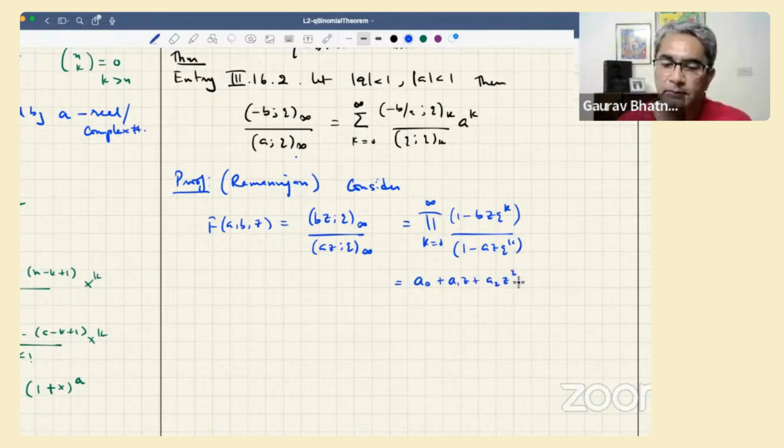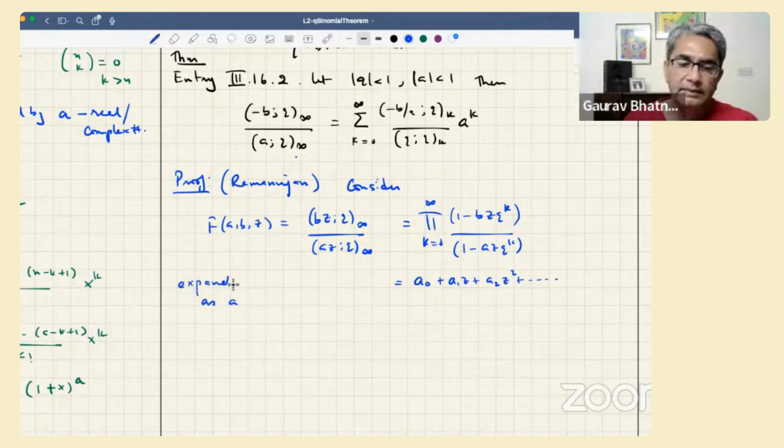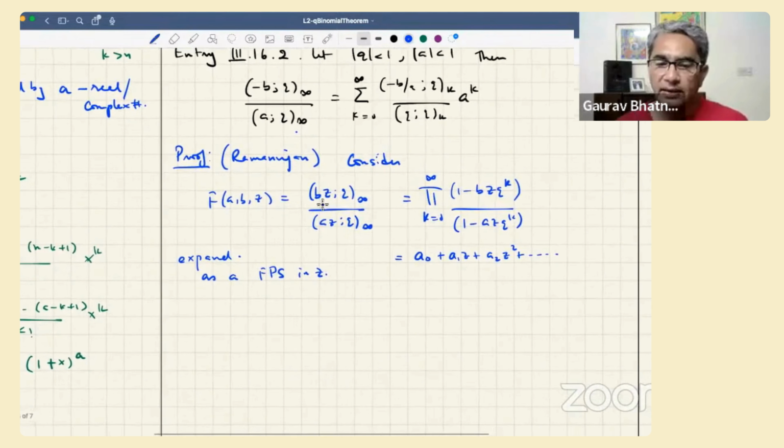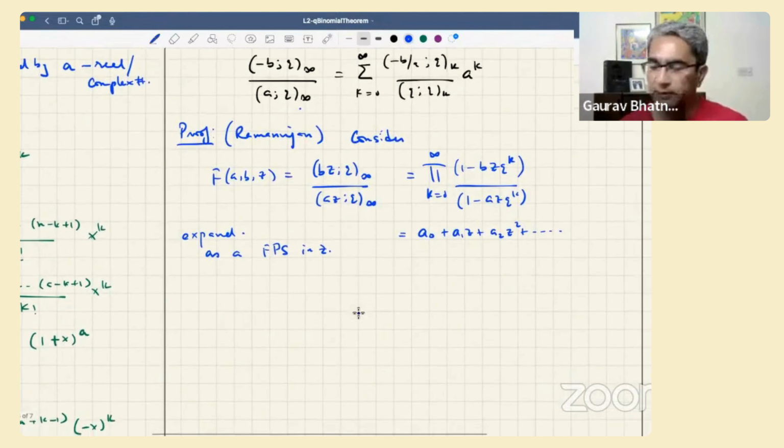So you know, you could take it to be a formal power series, with z squared and so on. So expand it as a formal power series in z. So there's no z here, it's just additional, but you just expand it over here.